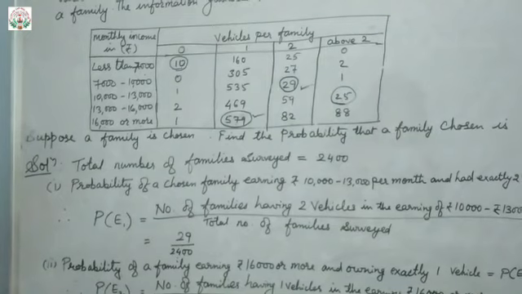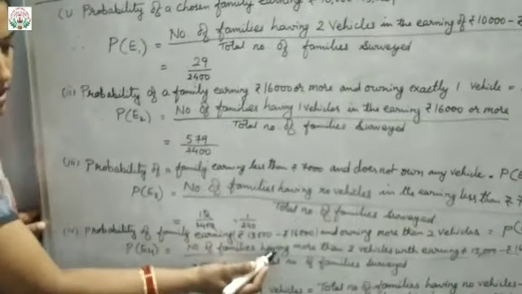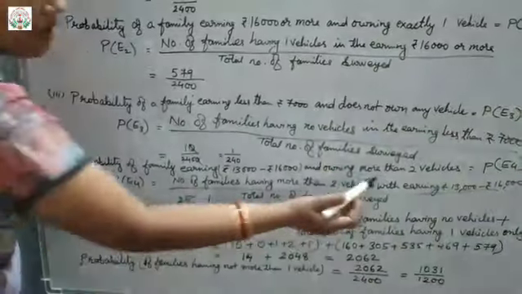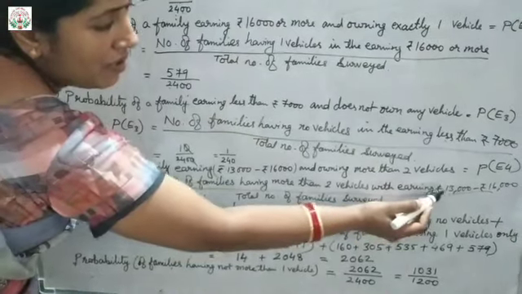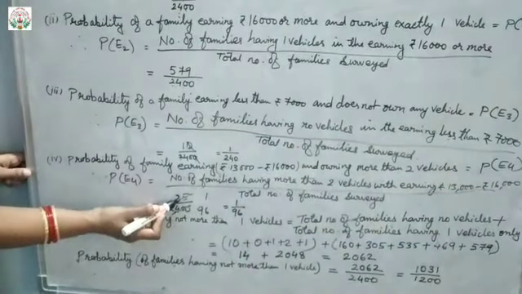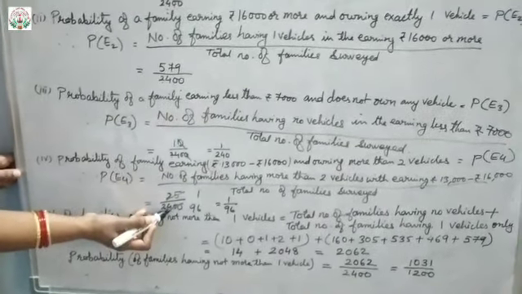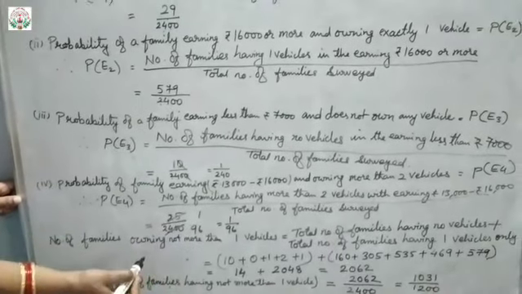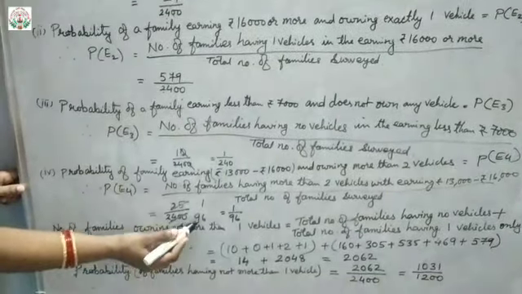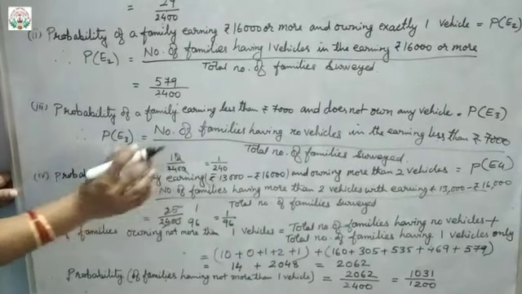So the probability E4 equals 25 upon the total number of families, 2,400. It is divisible by 25: 25 ones are 25, 25 nines are 225, and 25 sixes are 150. So it is 1 upon 96.